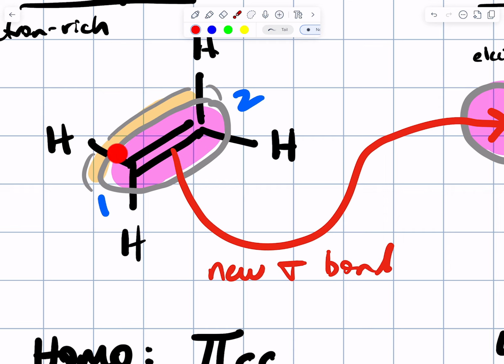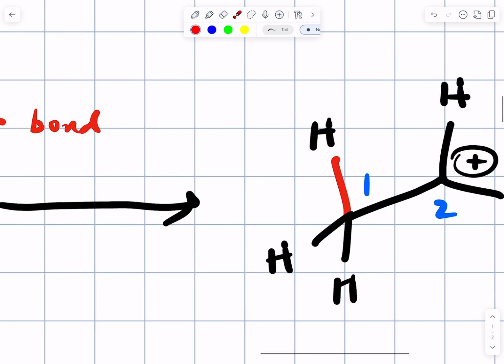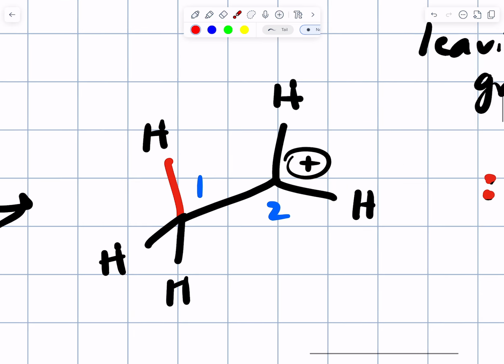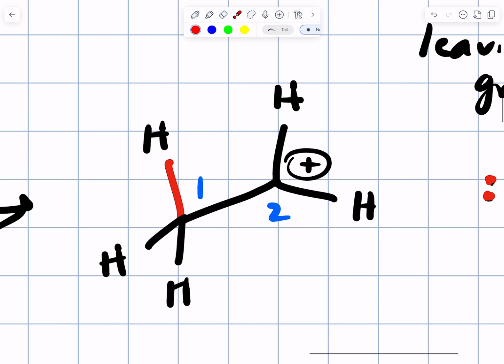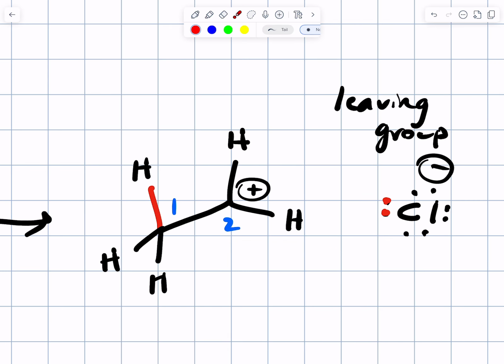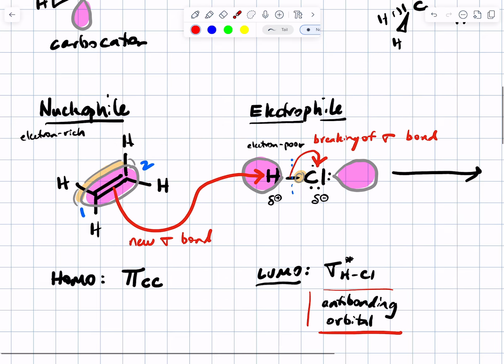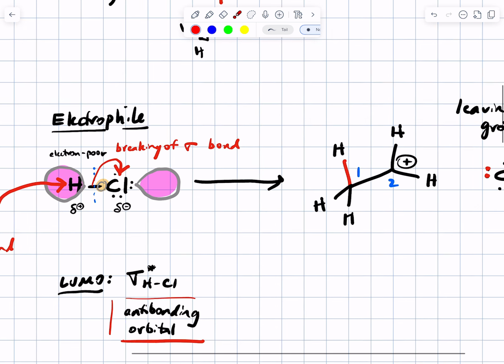So look here, carbon has 4 bonds, owns 4 electrons. After the reaction, still 4 bonds, still 4 electrons. Carbon 2, though, now only has 3 bonds. But yeah, technically carbon 2 is positively charged because it used to be involved in a pi bond and now it's not.